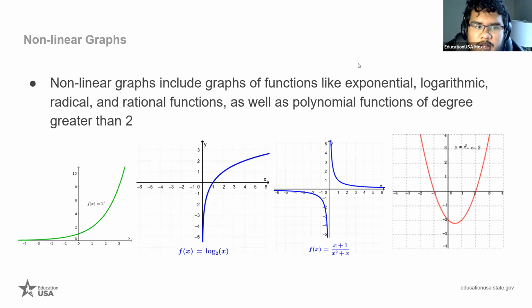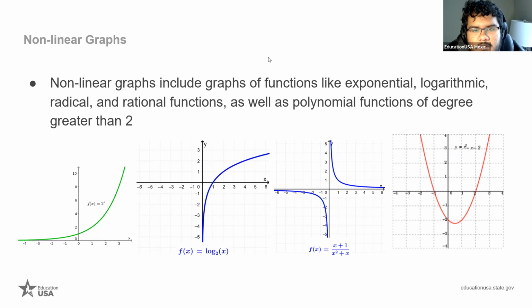Now, these nonlinear graphs include graphs of functions like exponential, logarithmic, radical, and rational functions, as well as polynomial functions of degree greater than 2, which includes anything involving x cubed, x to the 4th power, and so on. But you probably won't run into as many of those.